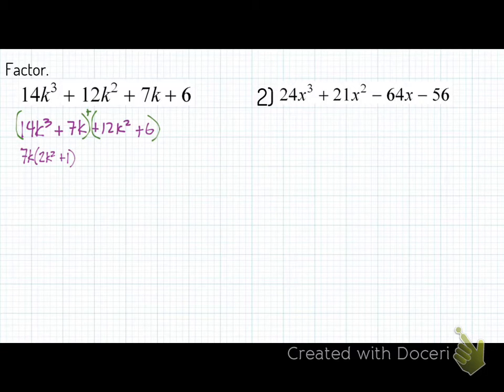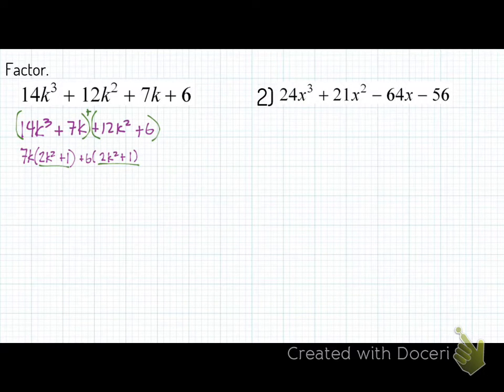Then I'm asking myself, what's the GCF of the next binomial, everyone? 6. Positive or negative 6? Positive 6, okay. So positive 6 times 2k squared plus 1. And I'm checking my work right now because I know that this should be the same as this. And they are, you see that?